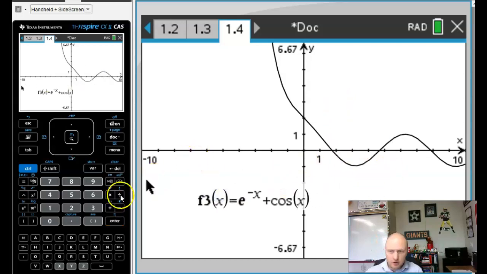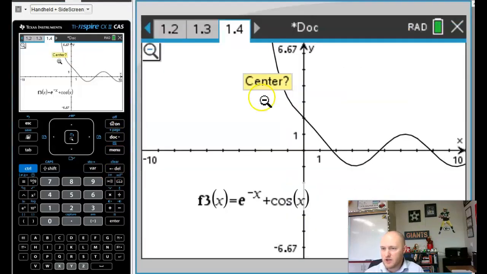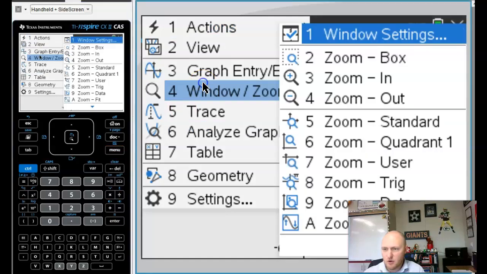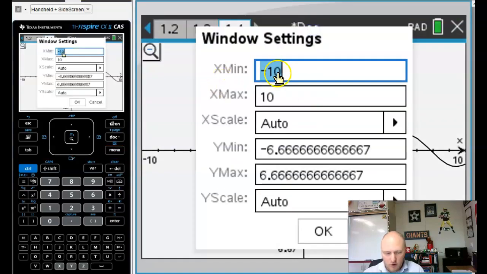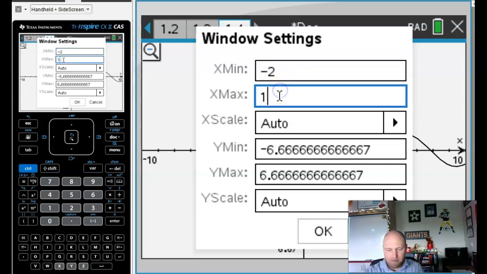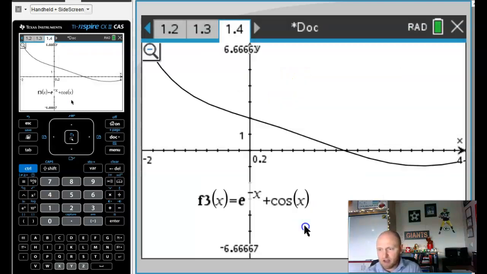So -2 to 4. I'm going to go ahead and adjust my window. Make sure that you're aware where your window starts and where it ends, because they can go ahead and have extra stuff there. So -2 to 4. Okay, so there's my graph.